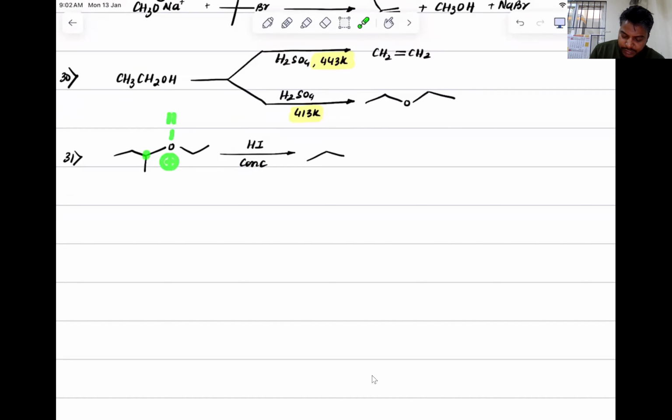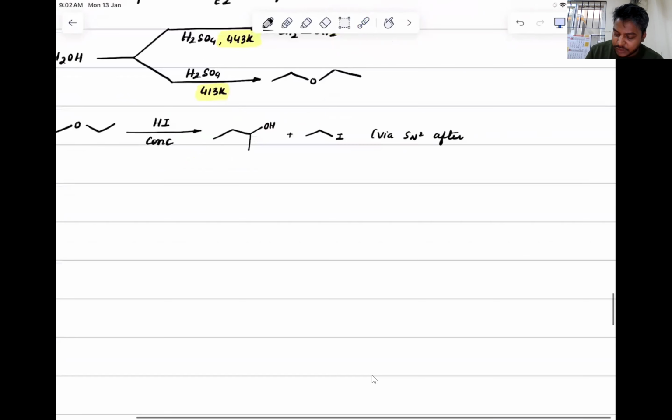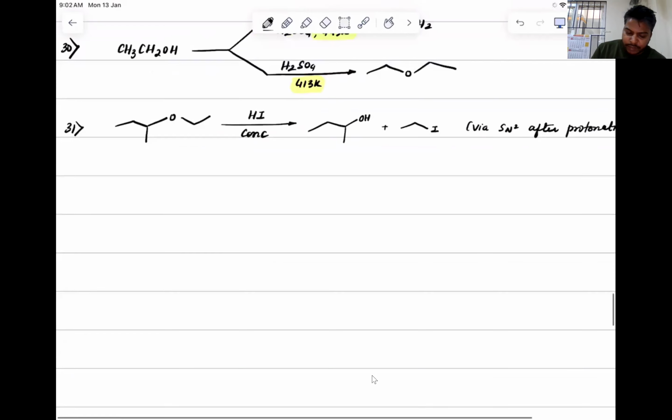Now this is at a secondary position, this is at a primary position. Always give preference to SN2 in such cases and make the product. Which means you will get alcohol here and an iodide here, via SN2 after protonation.